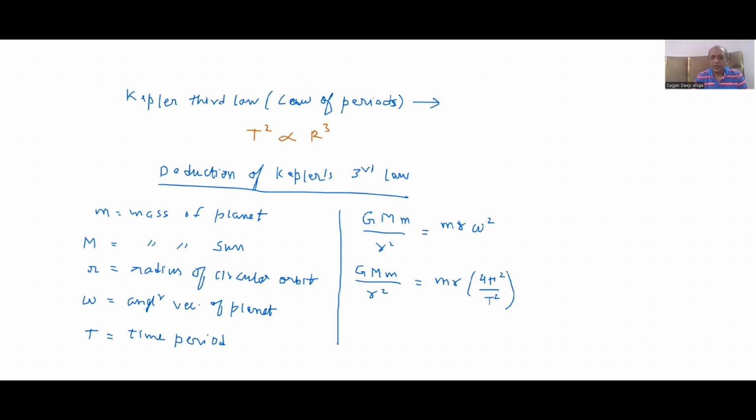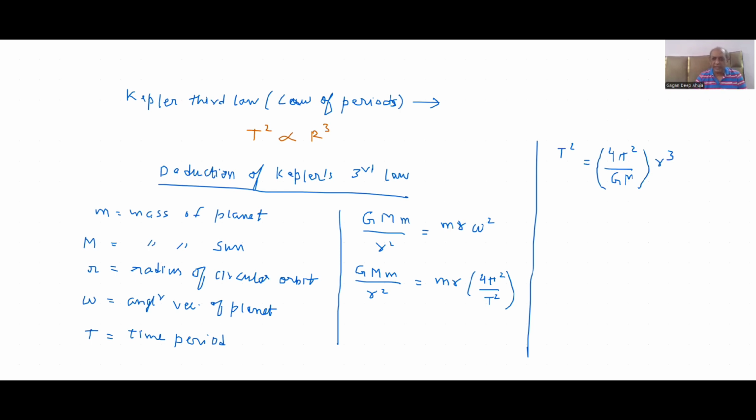Or we can say that T square is equal to 4 pi square divided by G capital M, just rearranging the terms, multiplied by r cube. Now, since this 4 pi square by GM is constant, this whole quantity is constant.